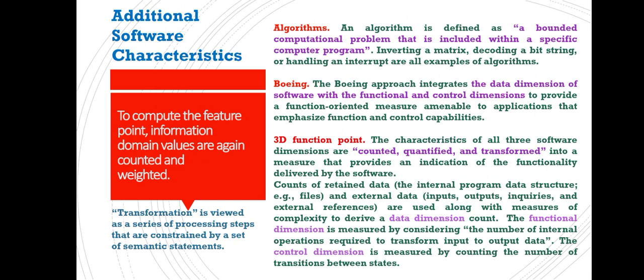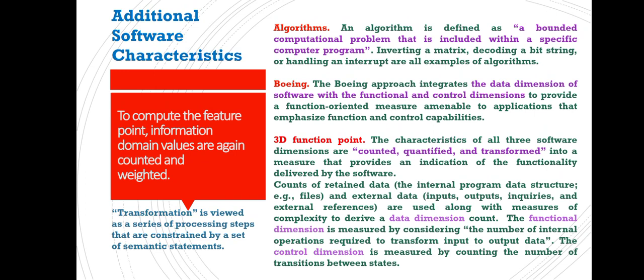The next one is 3D function point. The characteristics of all the three software dimensions are counted, quantified, and transformed into a measure that provides an indication of the functionality delivered by the software.